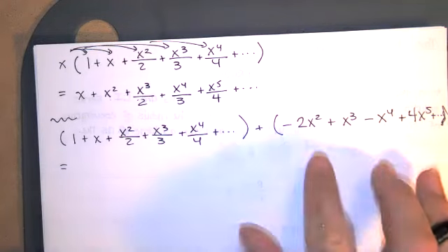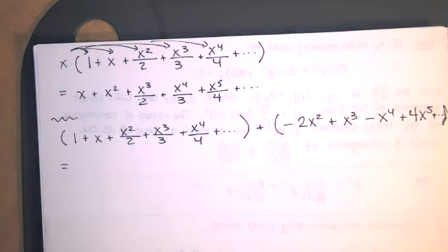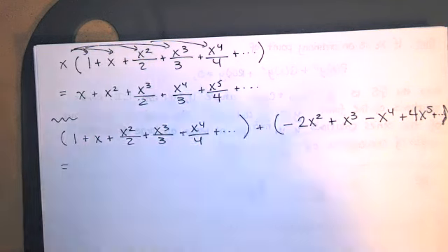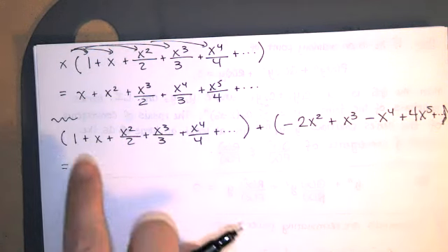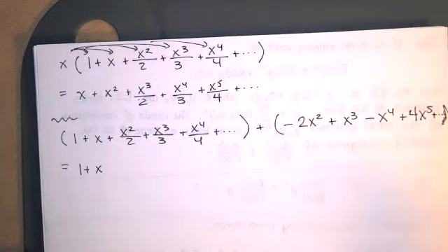Well, if I wanted to add these, I would add them in the same way that I add polynomials. I would add them term by term. But if there are any terms that don't have a like term up here, I would just write those terms down first. So first I would collect the constant terms, but there's only one constant term, it's a 1, so I would just write that down. And then I would collect the x terms. Well, there's only one x term, so that's an x, and I would just write that down.